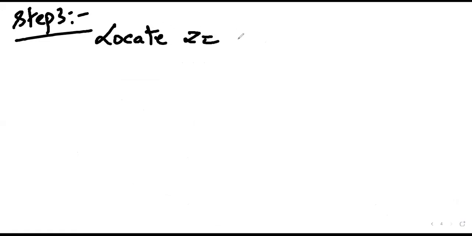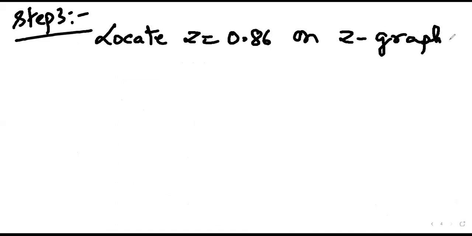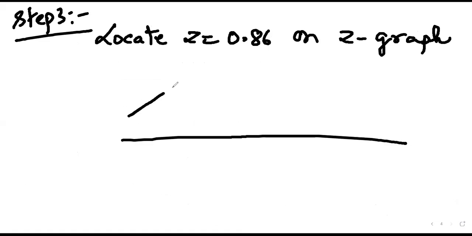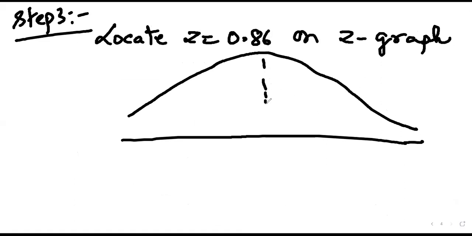Okay, so I'm going for the next step, step 3. Locate 0.86 on the Z graph. So this will be minus infinity, and the right hand side will be plus infinity.